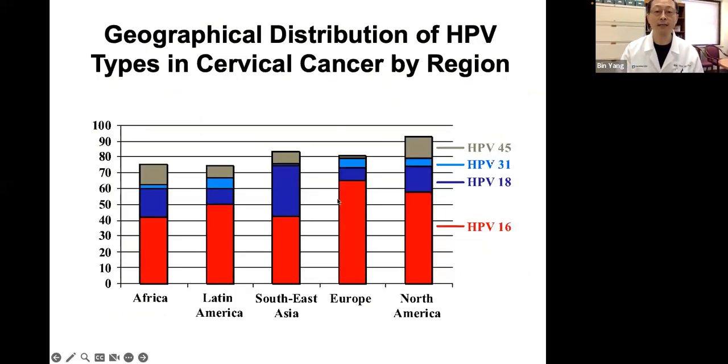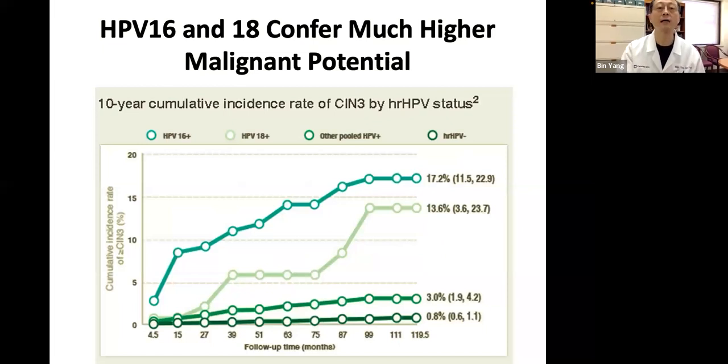If you look at different regions, areas of HPV infection associated with high-grade disease, you can see HPV 16 and 18 account for at least 50% to 70% in the different areas, and these are really the ones we're going to focus on when we do HPV testing.